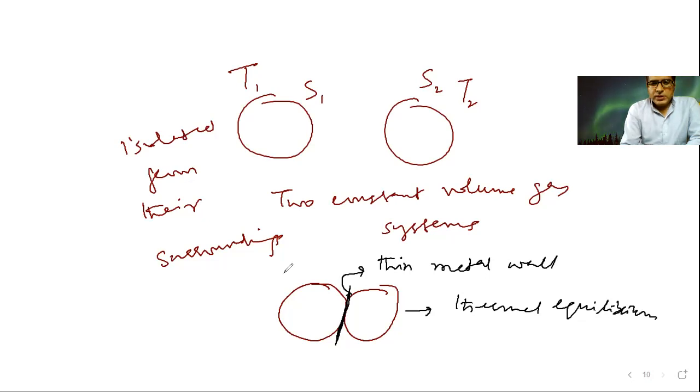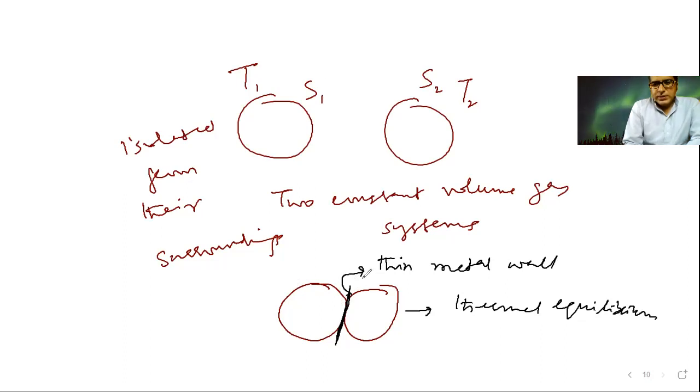If previously their temperature was the same, that means if T1 and T2 were the same and you bring them in contact with each other through a thin metal wall, then nothing will happen. They are already at the same temperature. Their macroscopic variables are not going to change by bringing them in contact with each other, right?